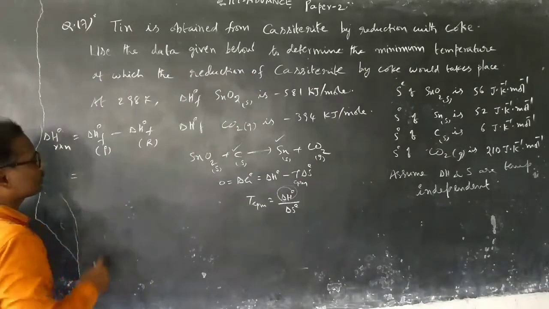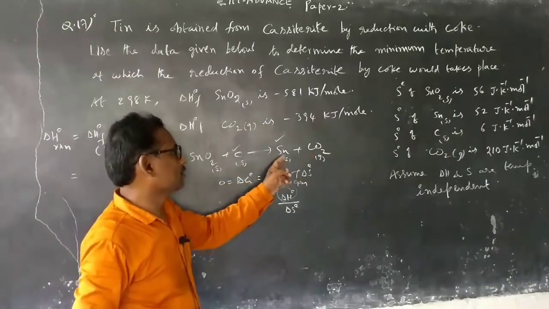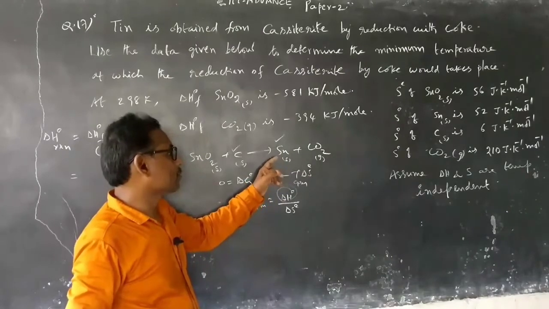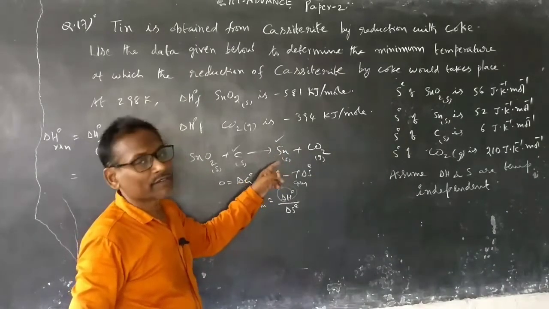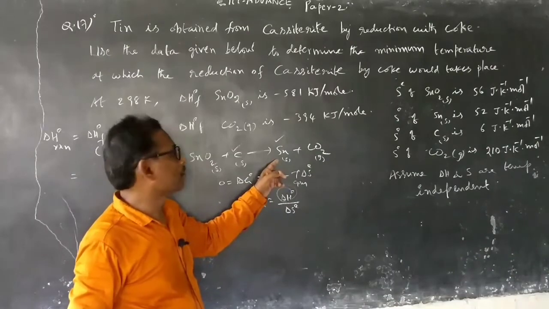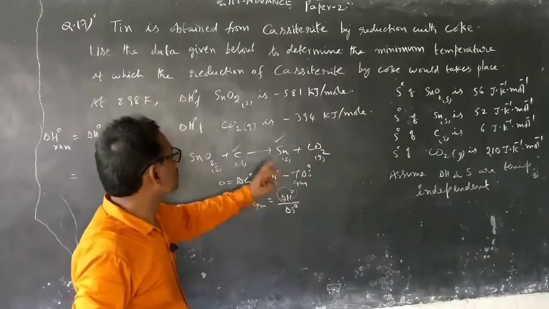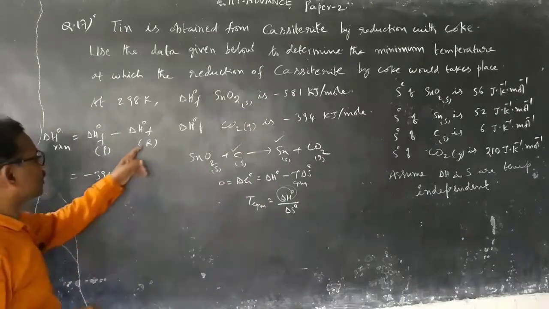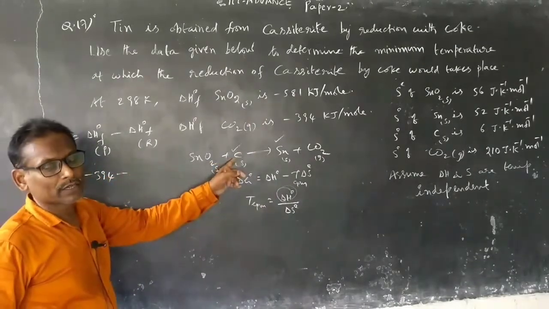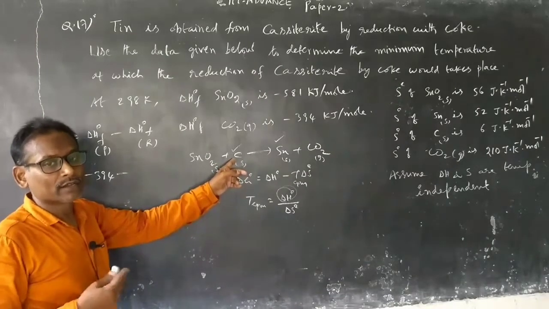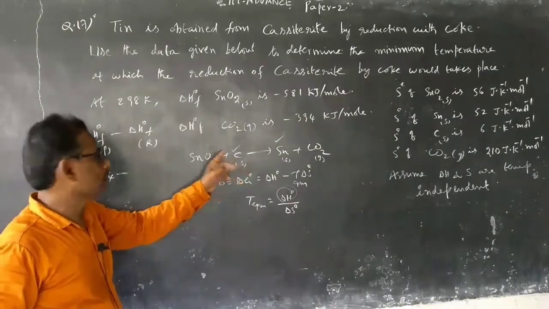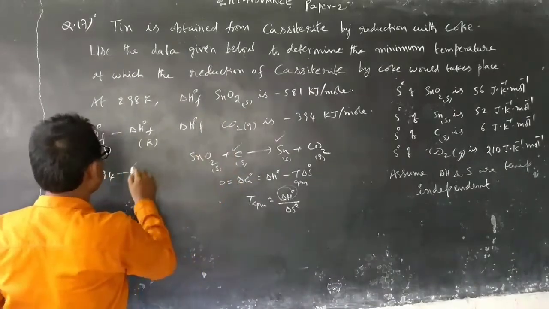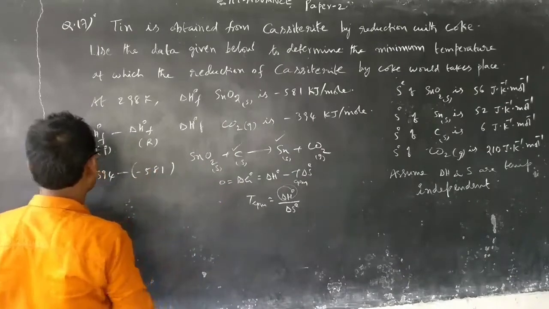So here, what are the products? The products are tin and CO2. I already told you it is a standard state, so thermodynamically it is stable at room temperature. So for this element we can take the standard enthalpy of formation as 0. So what is the standard enthalpy of formation of CO2? Minus 394. So minus 394 minus. In terms of reactants, once again here is one more element, carbon, which is of course a solid, considered as graphite. But the standard enthalpy of formation is 0. So for SnO2, the value is given as minus 581 kilojoules per mole.